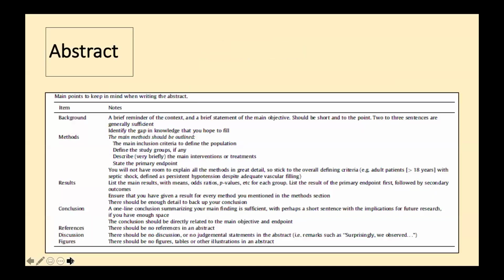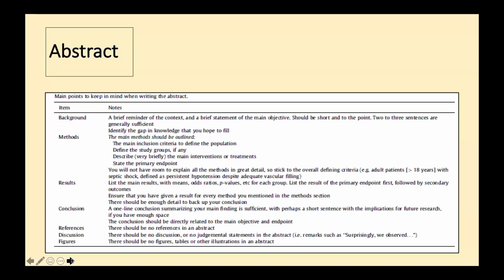So what are the main things when you write an abstract? First, background, a simple background, only one or two lines. It can be a general statement, but it should also highlight the problem that you try to solve.